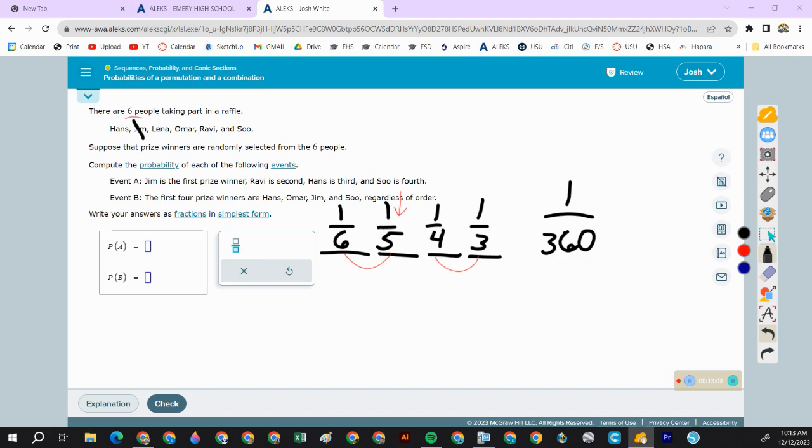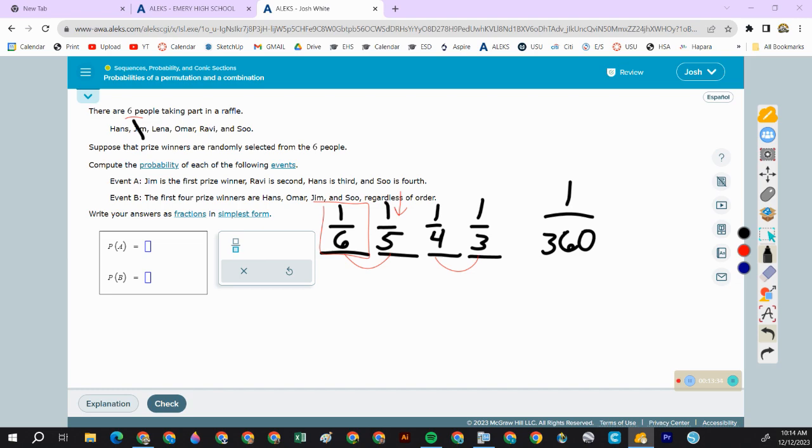Does everybody understand that? I am not calculating how many ways it can happen. I am calculating the probability that it will happen. So instead of saying there are 6 options for person 1, I say Jim has a 1 in 6 chance of being the first person.